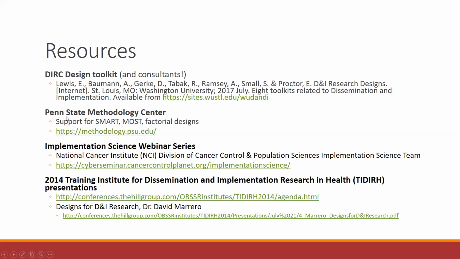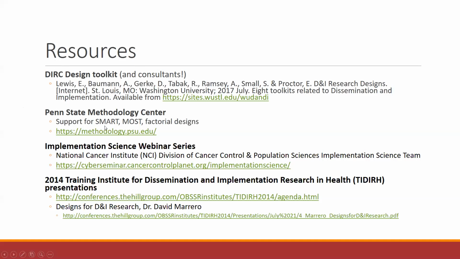As I mentioned, there are a lot of different resources. So we have an updated DIRC design toolkit. This is our dissemination and implementation research core at WashU. So we have a series of toolkits that can help you think about these different design issues. There are different groups that have supports for particular groupings of these designs.